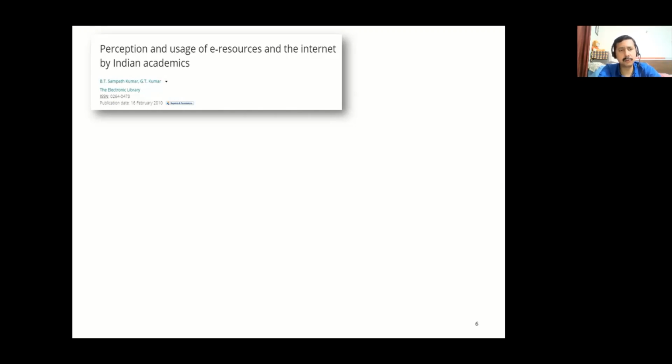This is published by two authors, B.T. Sampath Kumar and G.T. Kumar, in the journal The Electronic Library in the year 2010. Over a period of time, many other authors, many other researchers may use the contents in this article, and they may cite the authors of this article.